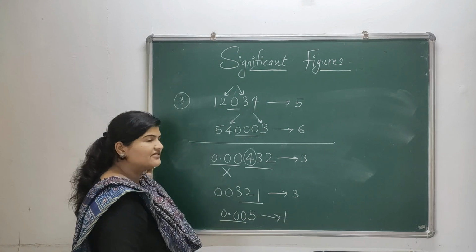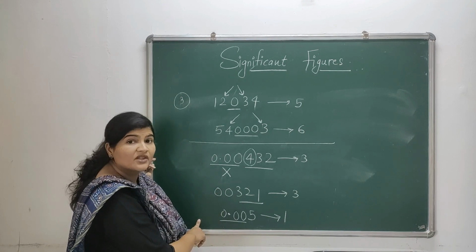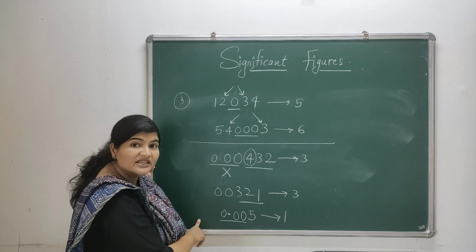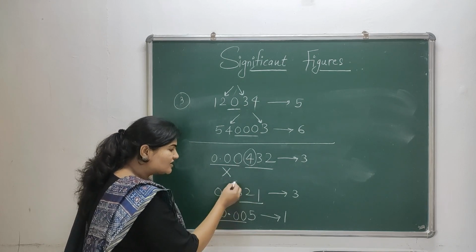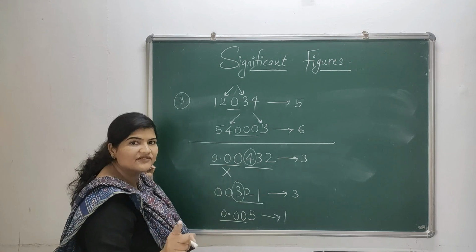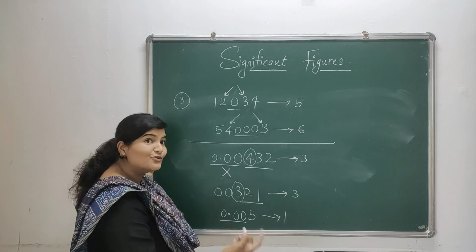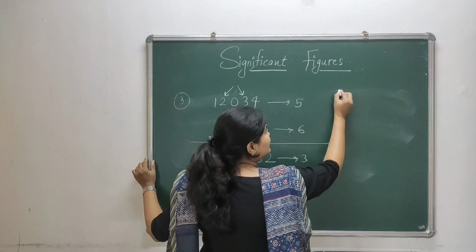Only 1 significant figure will be counted for this. So rule number 2 for the zeros is, if your zeros are on the left side of non-zero digits, they will not be counted. They are not significant. Now let's move further. If I have zeros like 0.